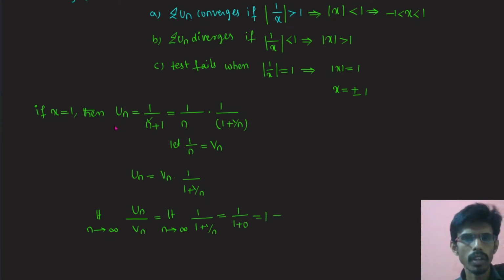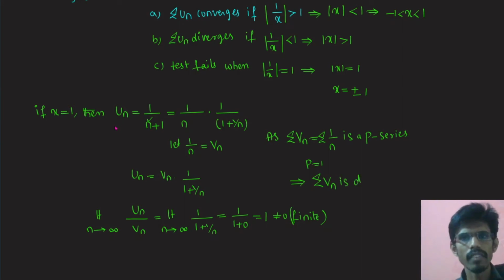This value is 1, not equal to 0, that is a finite non-zero number, as this sigma vn, sigma 1 by n, is a p series with p value 1. It means that when p is 1, this series sigma vn is divergent.